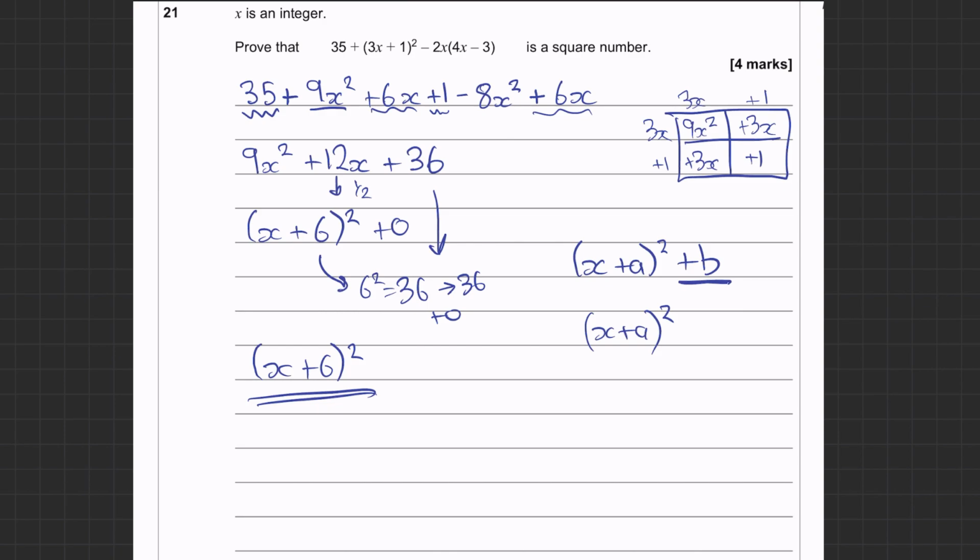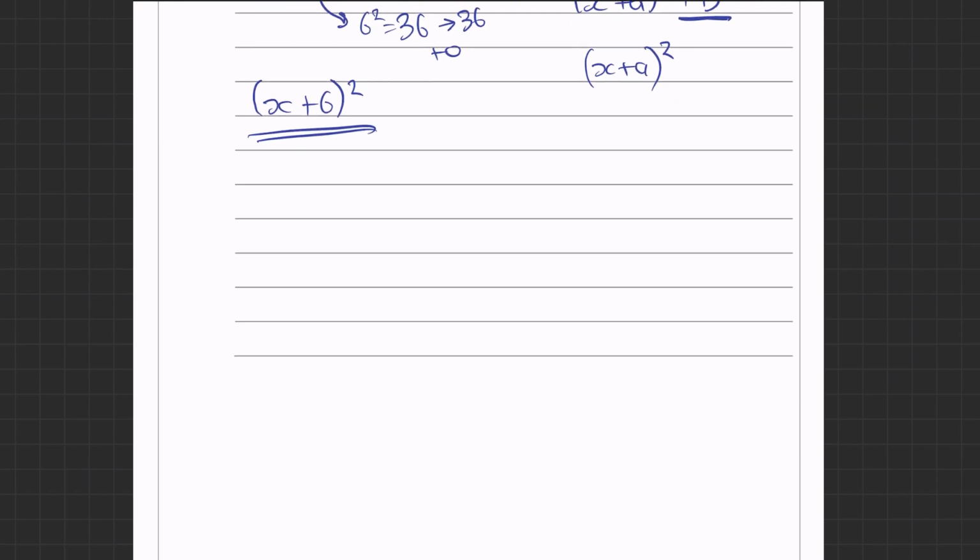So no matter what value or what integer or whole number x will be, this will become a square number. So if x was 2, 2 plus 6 is 8, 8 squared is 64. Therefore, this must always be a square number. Not a nice question, to be honest, but I think you can do this.